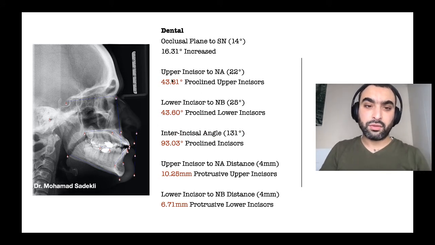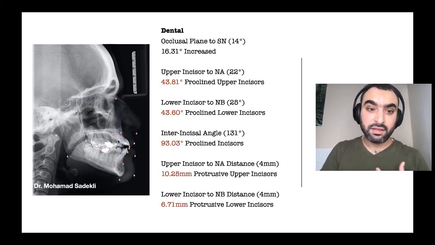Here we see that all the biprotrusion numbers will be shown here. See the upper incisor. See, this is Steiner actually. This number is for Steiner analysis. So here we have 43 degrees for the upper incisor and 43 here also for the lower incisors, and the interincisal angle is 131 as a normal, but here we have 93, and see we have also these two numbers increased.